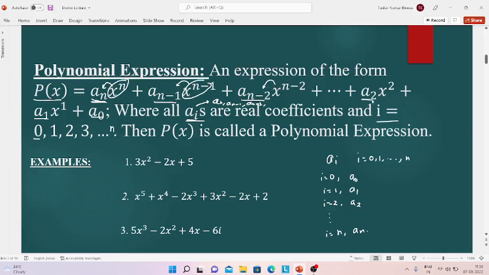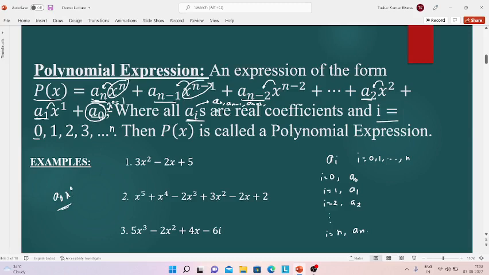Similarly, a_2 is the coefficient of x squared, a_1 is the coefficient of x to the power 1, and a_0 is the constant term, or you can say the coefficient of x to the power 0, because x to the power 0 is equal to 1. So we can write a_0 as a_0 x to the power 0, right?